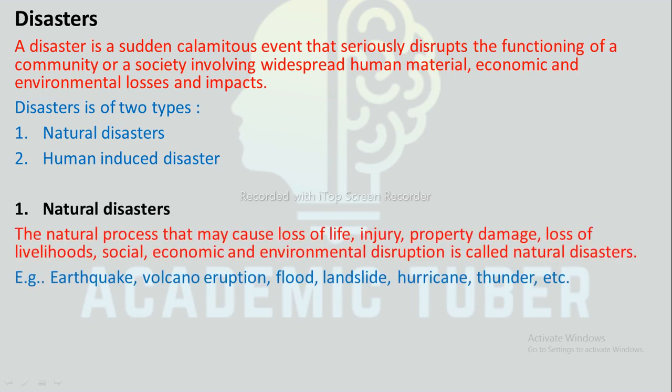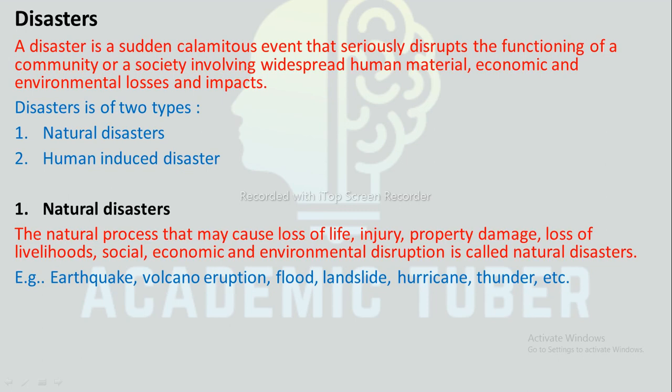Natural disaster. The sudden calamity caused by nature which destroys life and property and has a long-term effect in the social life is called natural disaster. The natural process that may cause loss of life, injury, property damage, loss of livelihoods, social, economic and environmental disruption is called natural disaster.